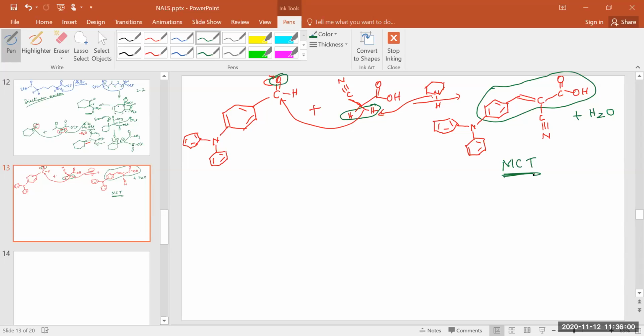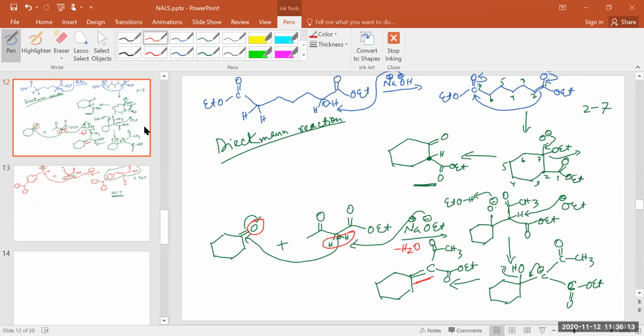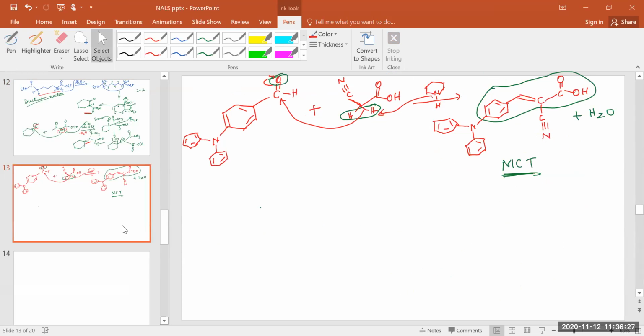Another reaction is particularly with active methylene compounds, like this one here. I showed you guys this cyclic structure formation, starting from here to here. You see? So now we will start from there.